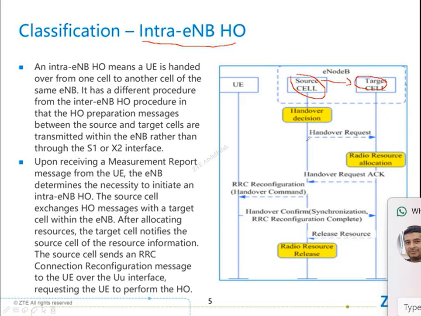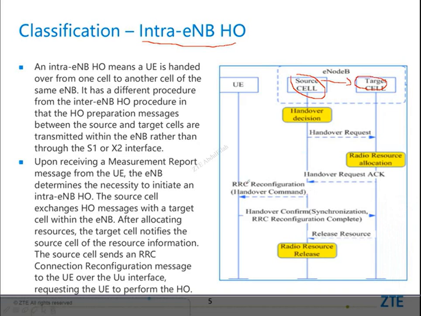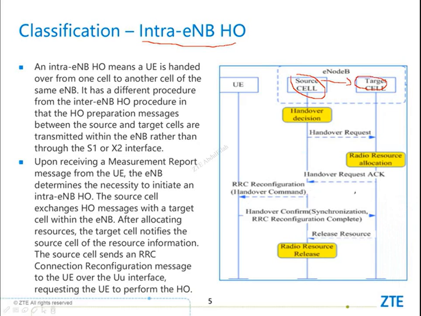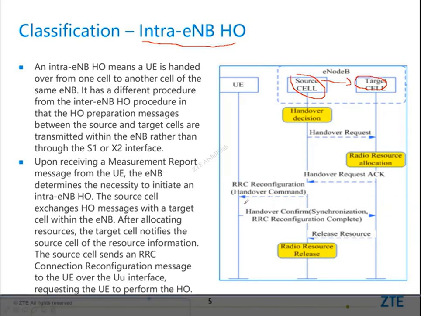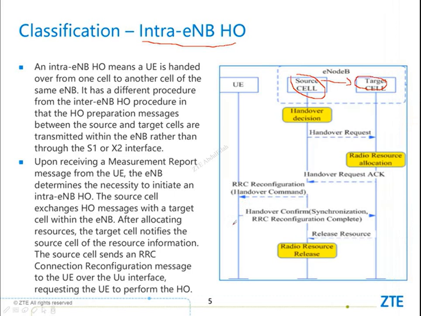So the source cell will send the RRC connection reconfiguration command to the UE. This message includes the target cell information, informing the UE: now you can hand over from the source cell to the target cell. If the UE receives the RRC reconfiguration message, the UE will execute handover.